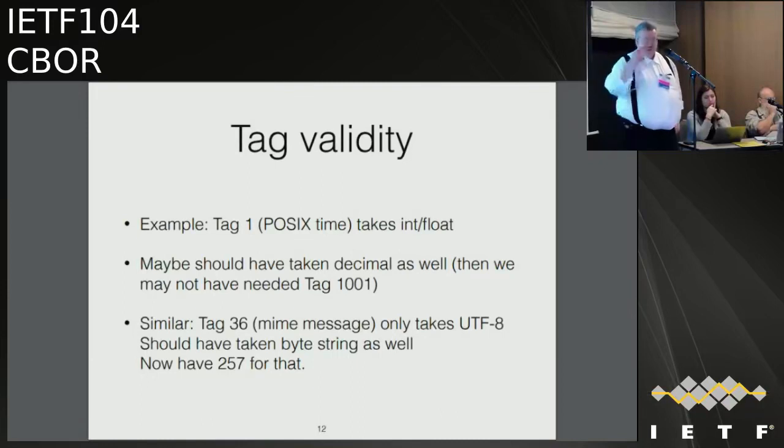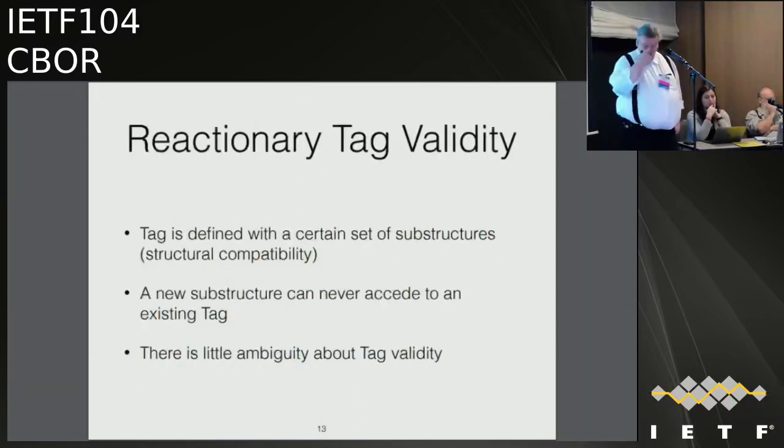So let me propose 2 models using some terms I borrowed from the political space. You can define tag validity in a reactionary way, which means you write something down, and then you spend the next 200 years trying to interpret what the founders meant.